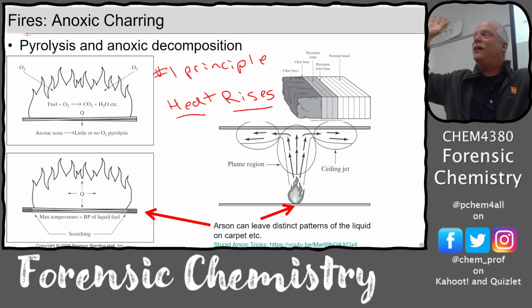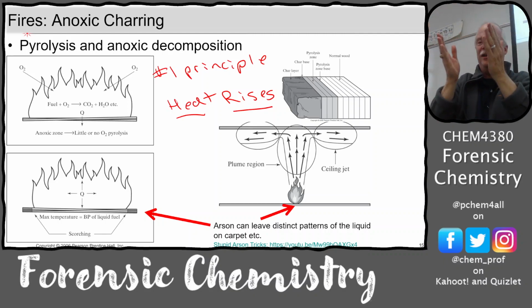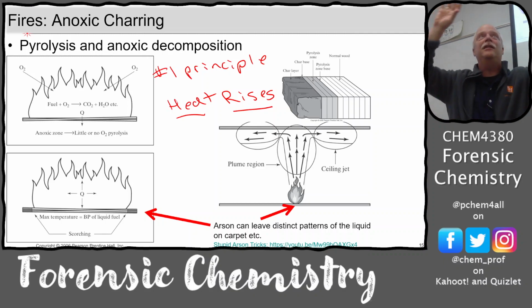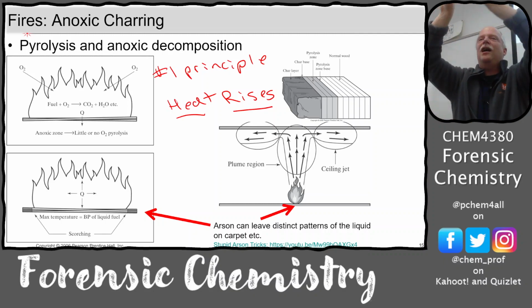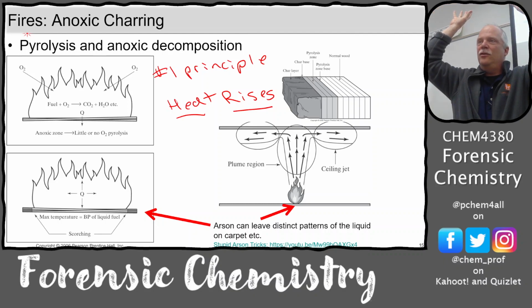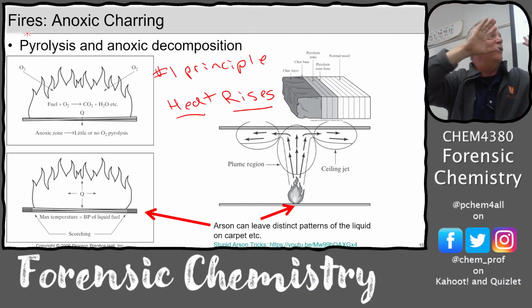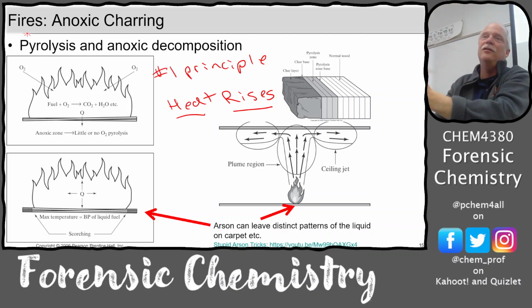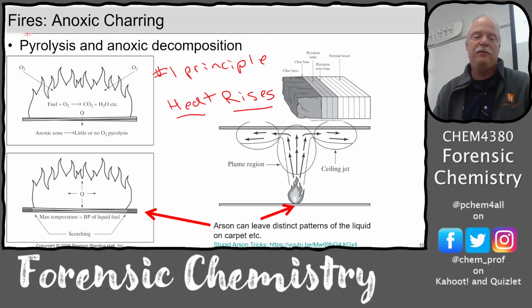But you can still see this V that goes right down to the electrical plug or whatever it was. Or in the kitchen, it's a coffee maker. You see the cabinets are destroyed above the coffee maker. The ceiling is destroyed. And you come in and you're like, over here it's not burnt, over there it's charred, and the V just leads right to the source of the fire. And that's if you can get it out before the whole building burns down. And so if they respond fast enough, a lot of times they can find the source.